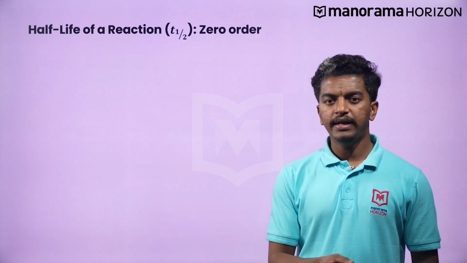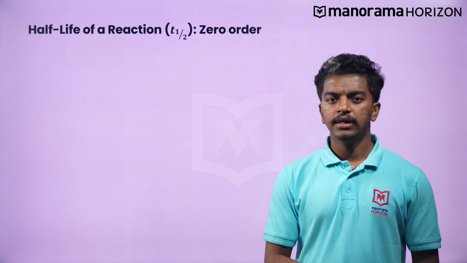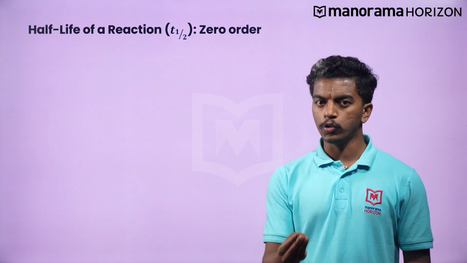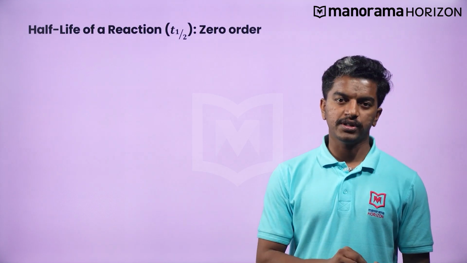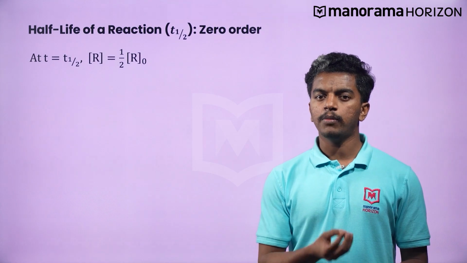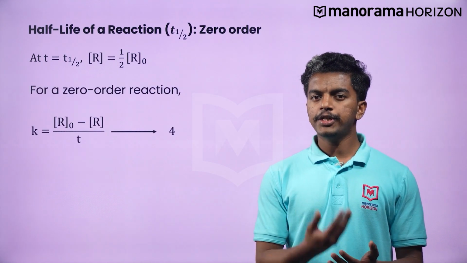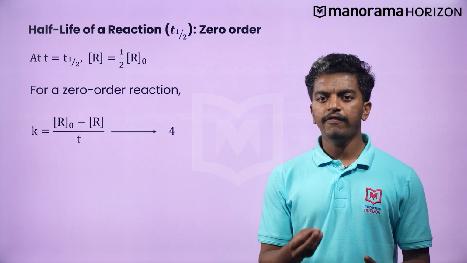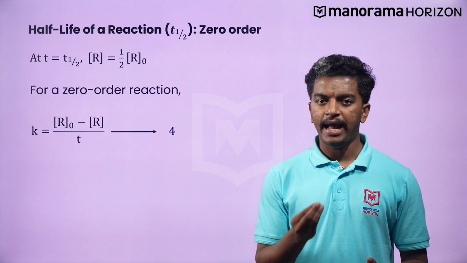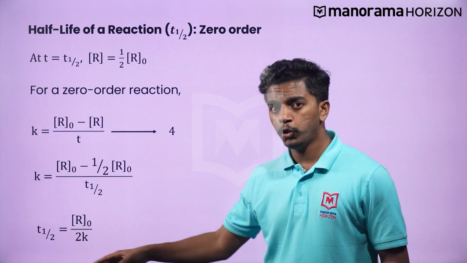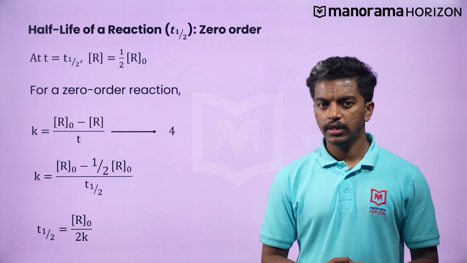The half-life, t half, of a reaction is the time required for the concentration of a reactant to get reduced to 1/2 of its initial concentration. That is, the time required for R to become R0/2. Substituting this information in equation number 4, you may get the half-life of a zero-order reaction as t half = R0/2K, where K is the rate constant.